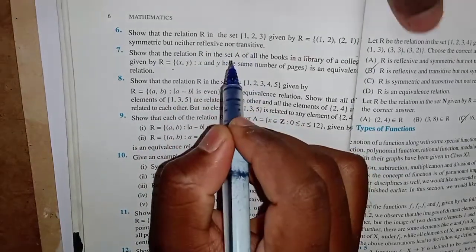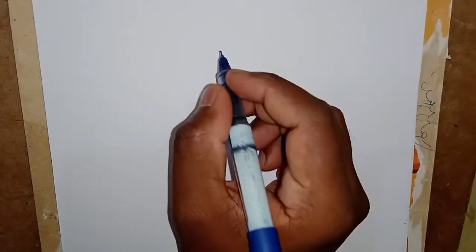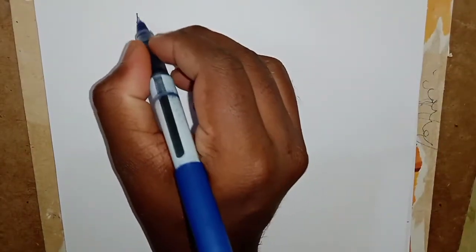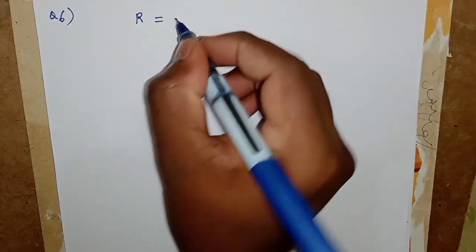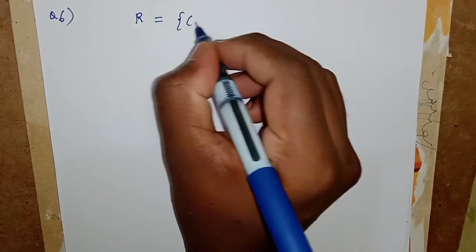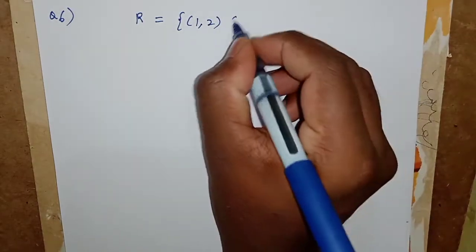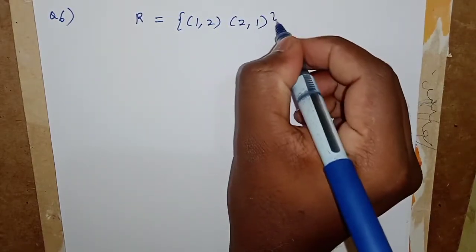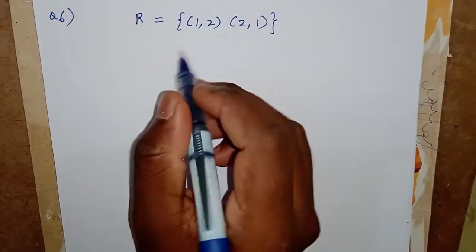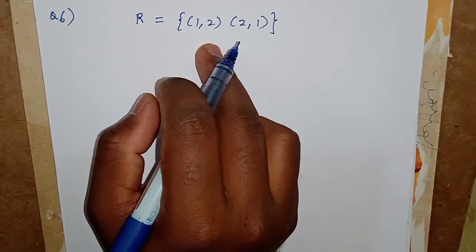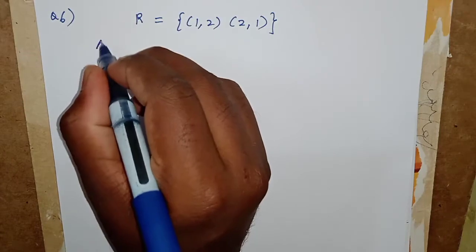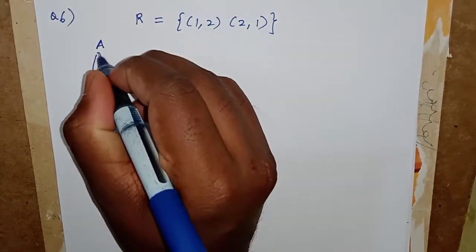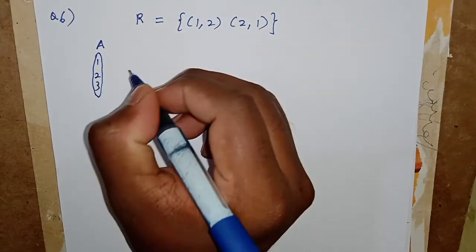First, the given relation R, question number 6. Relation R = {(1, 2), (2, 1)}. Here it is a one word question. Set A, let us take {1, 2, 3}.